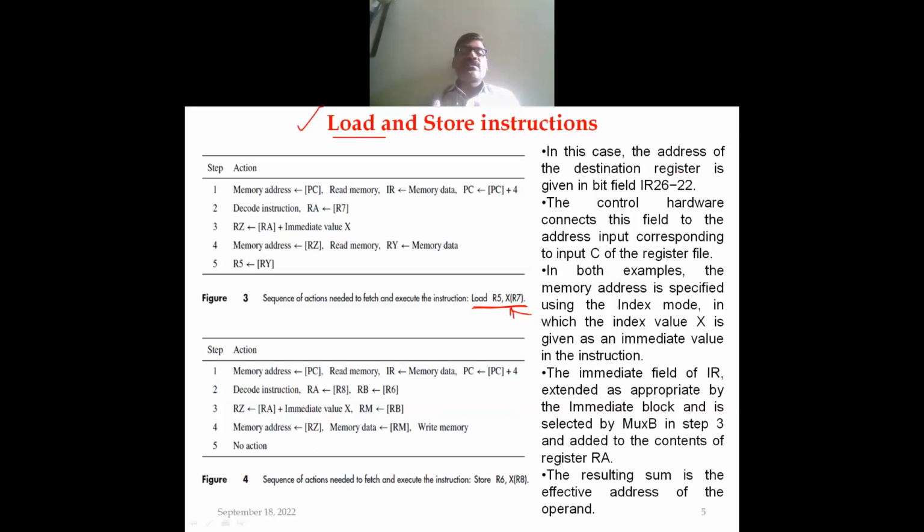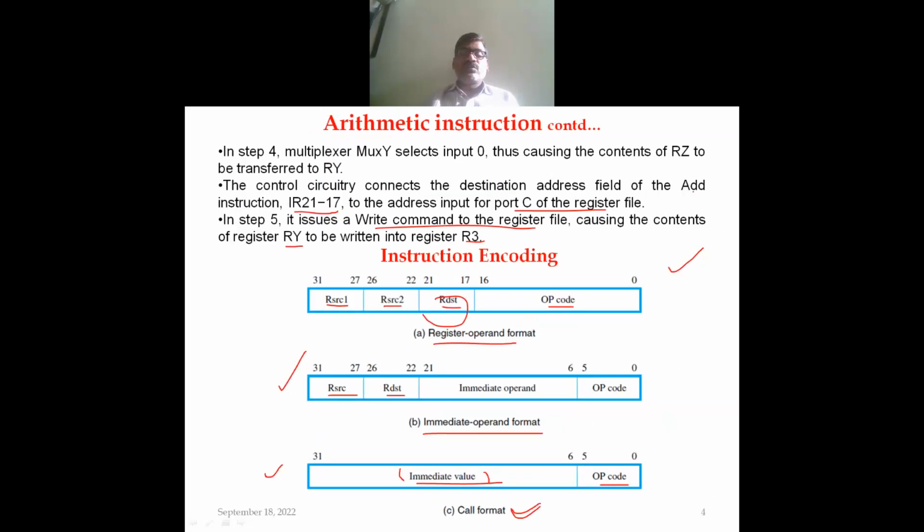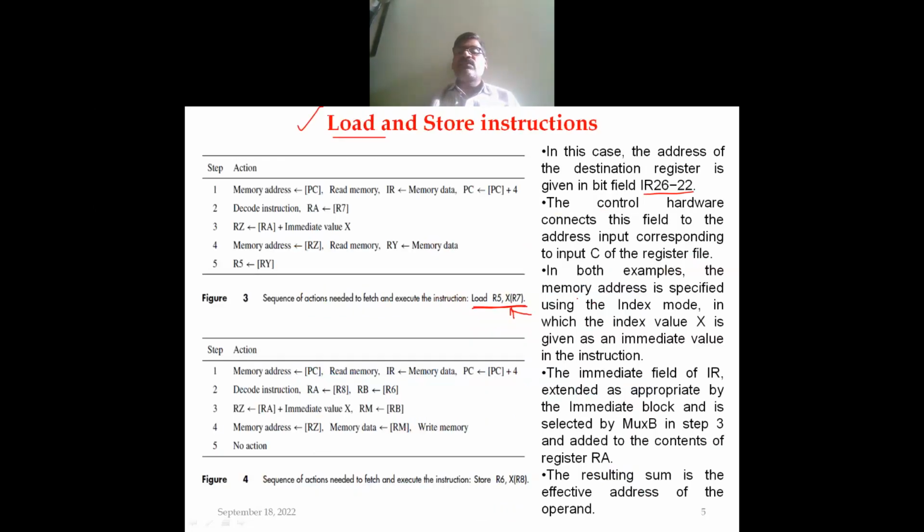In this case, the address of the destination register is given in bit field IR of 22 to 26, the immediate operand format. The control hardware connects this field to the address input corresponding to input C of the register file.